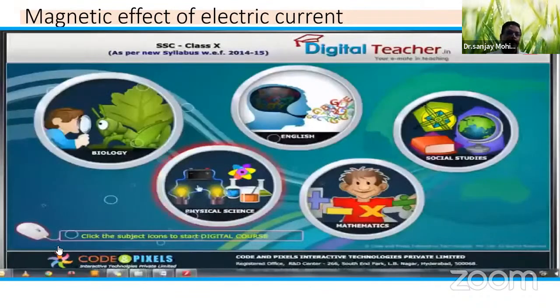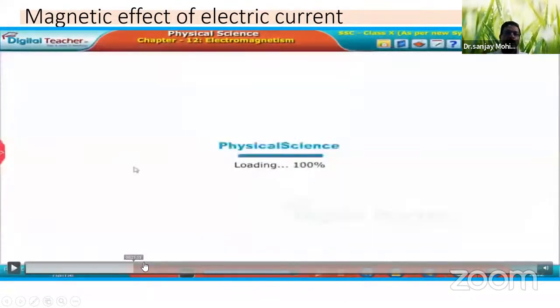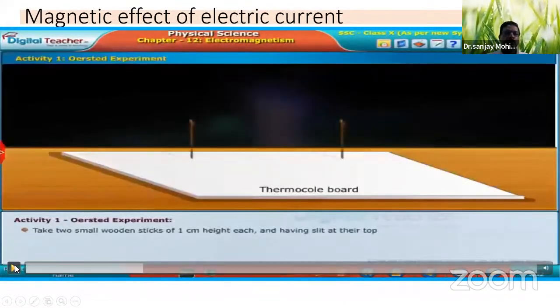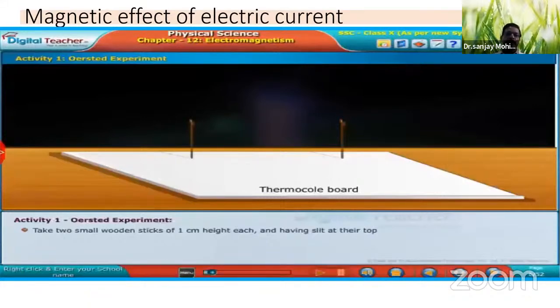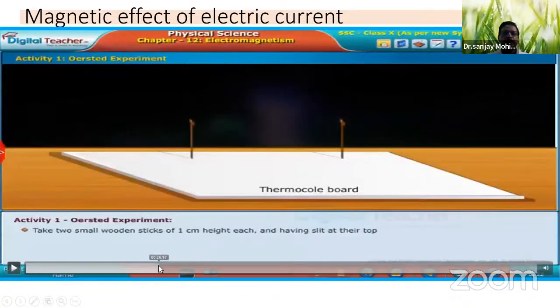now there is another experiment. It's called the Oersted experiment. So what is the Oersted experiment? Oersted is a scientist who explained the phenomenon of what happens when the current is passed through the conductor and what is the effect on the magnetic field. So let us move here.